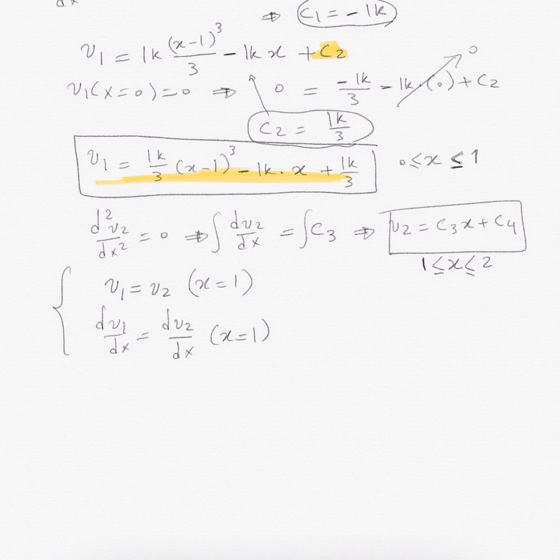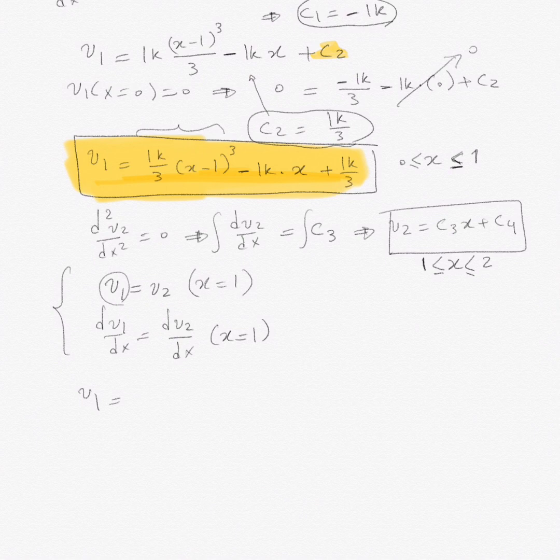This is my V1, I already obtained it. So I can simply use that to find the value on the left hand side, right? Let's do that. Substitute 1 in this equation and I get V1 is equal to, if you put 1, the first term right here becomes 0.